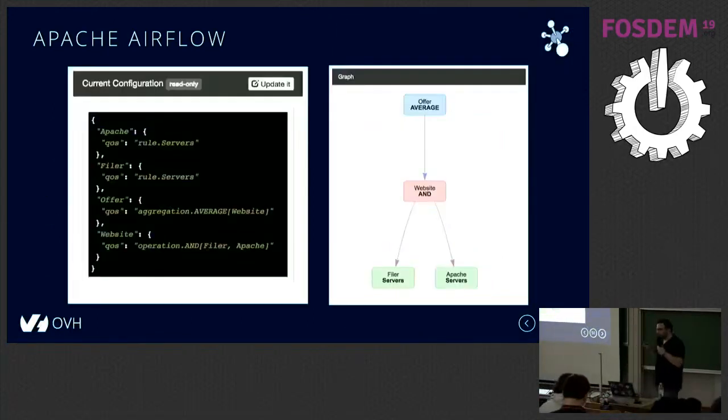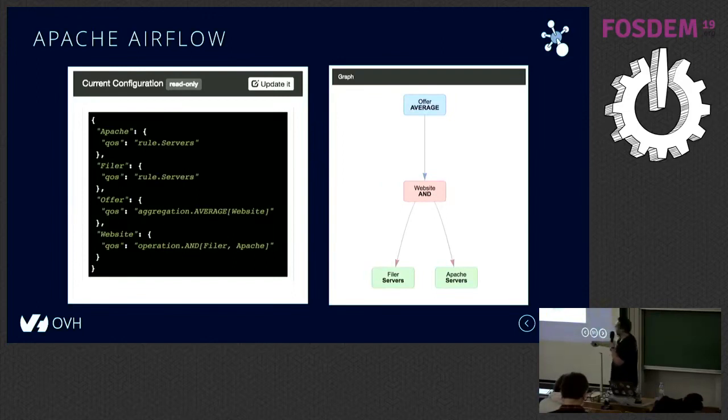So, okay. How can Airflow know the task to launch, and whether sometimes it must launch rule QoS, or sometimes operation QoS or aggregation? In fact, it's the user who tells DEPC how to do it, using this simple JSON configuration.